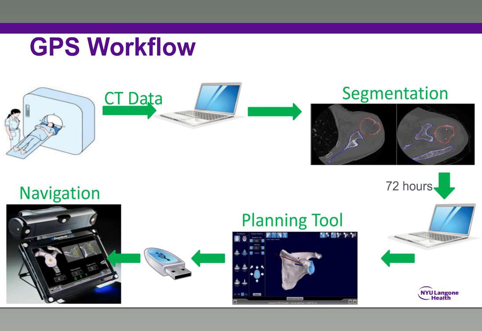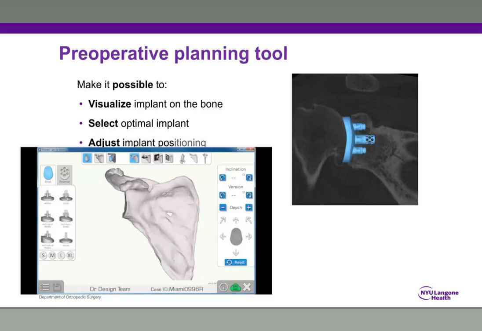The CT scan is required to generate the imaging data that can then be segmented. It usually takes a few days because it's done by an external company. Then it's sent back to me so I can incorporate it into the preoperative planning tool, which I'll show you. I make my decision about implant type and position, and then that's fed into the computer used during the operative procedure.